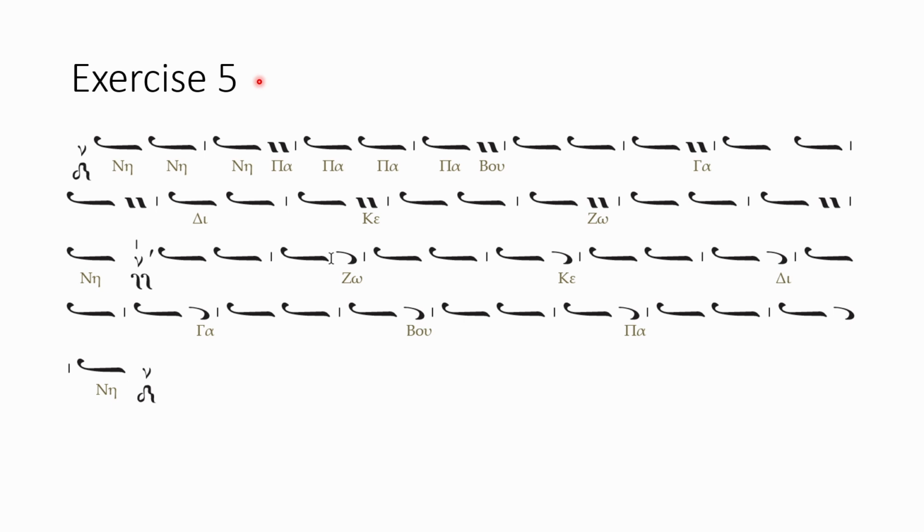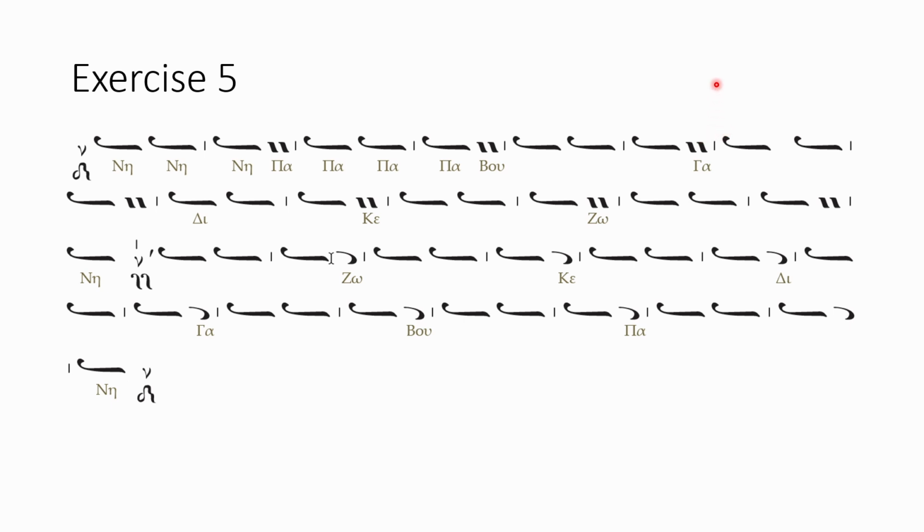It's not important to know right now, but there are textural differences in the way you ascend. So with the kentimata, it's more of a slide up in practice. Ni, pa, vu, ga. It's more of a slide up.